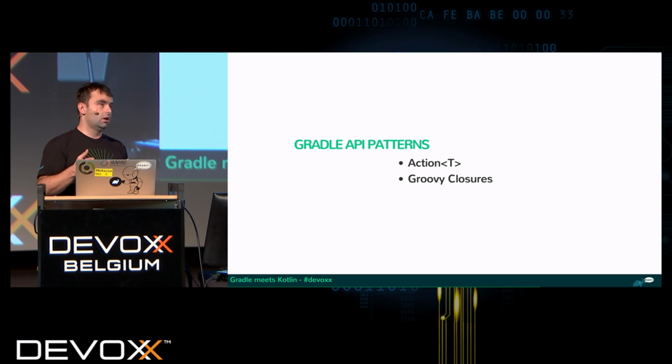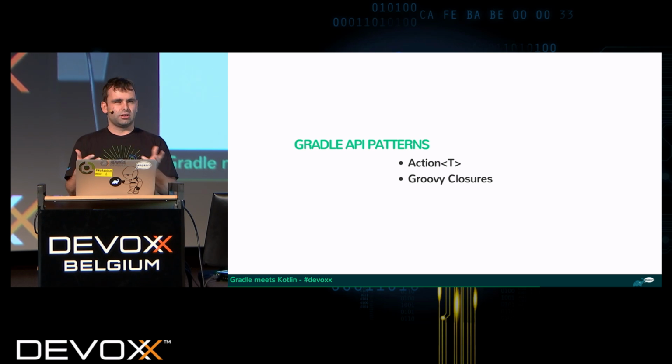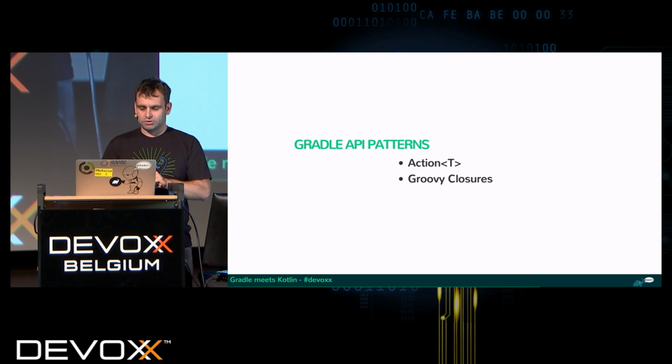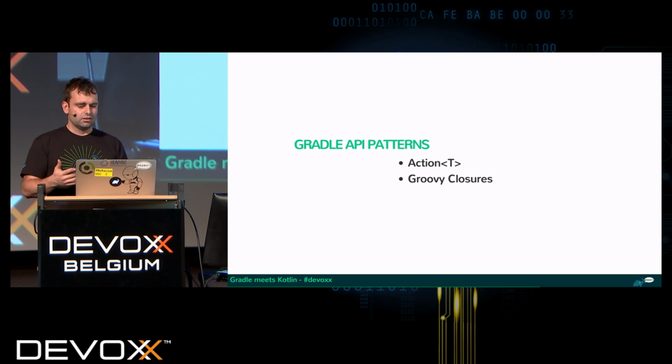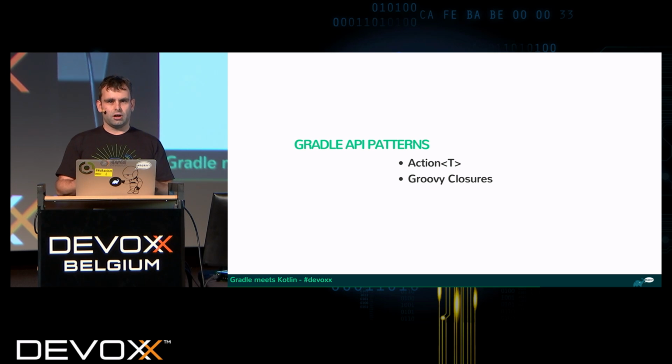Another thing that's not a big pain point, but kind of an inconvenience, and we haven't solved that yet, is that the Gradle API uses some patterns which do not work well with idiomatic Kotlin code, I would say. For example, some places still leak Groovy closures in their API, so usually you don't want to call a method from Kotlin with a Groovy closure, and there are also these action parameters as a Java equivalent for that.